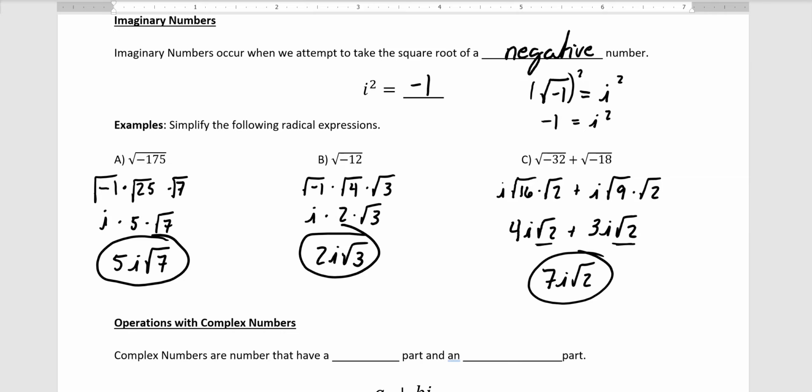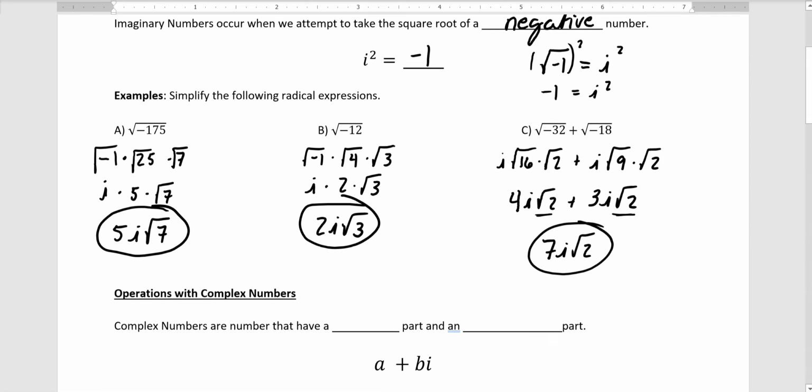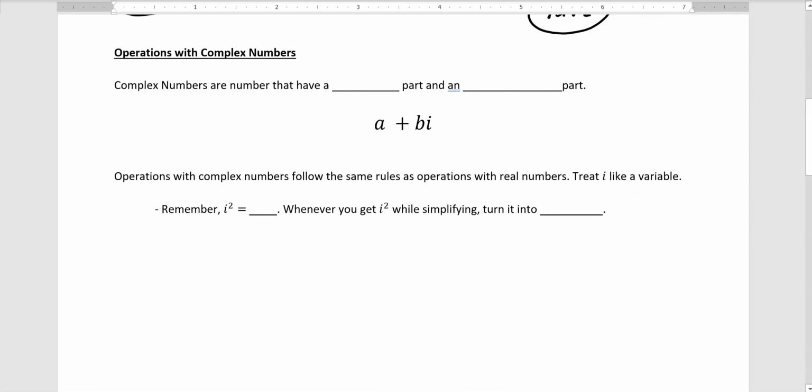Now, these are just strictly looking at imaginary numbers. One thing that involves imaginary numbers is complex numbers. Complex numbers are numbers that have a real part and an imaginary part, and they're written as a plus bi, where a is the real part and bi is the imaginary portion.